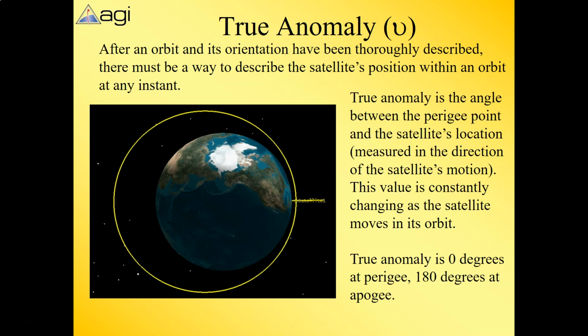It's the angle between the perigee point and the satellite's location, measured in the direction of the satellite's motion. This value is constantly changing as the satellite moves. True anomaly is 0 degrees when the satellite's at perigee, 180 degrees when the satellite is at apogee. Notice how these all start to build on each other.